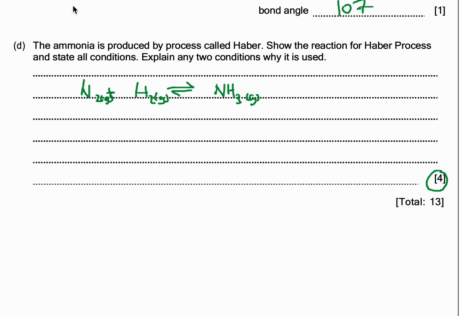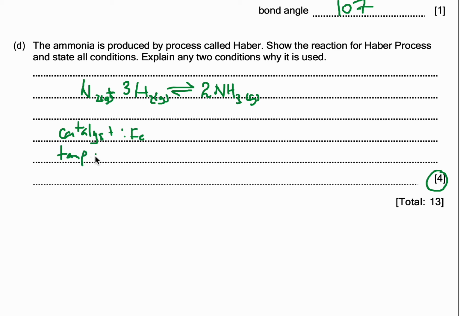So please, when you write the reaction, don't forget to balance. So make sure that your reaction is balanced. So NH3, we need to put here 2, and here we need to put 3. So 1 mark for this. Second mark, conditions. Conditions here, catalyst. We use iron catalyst.